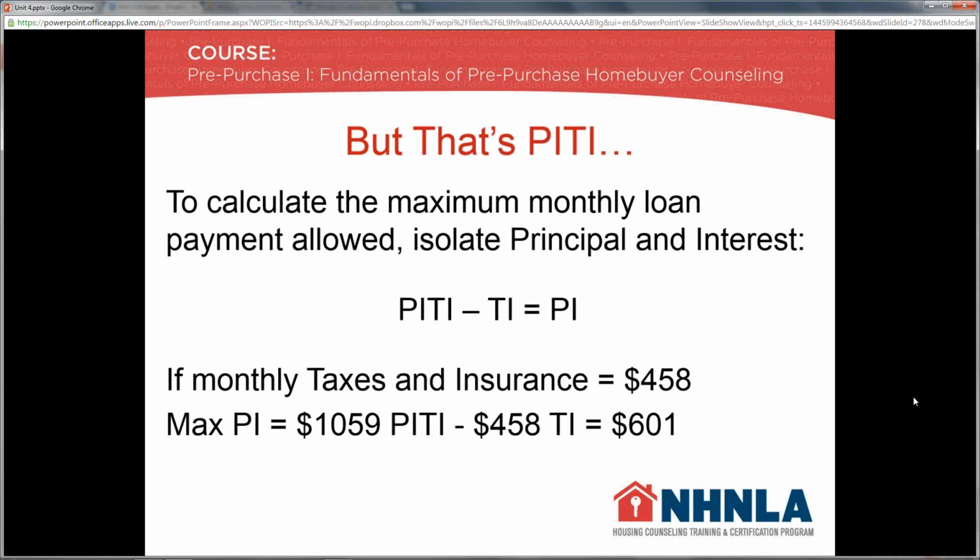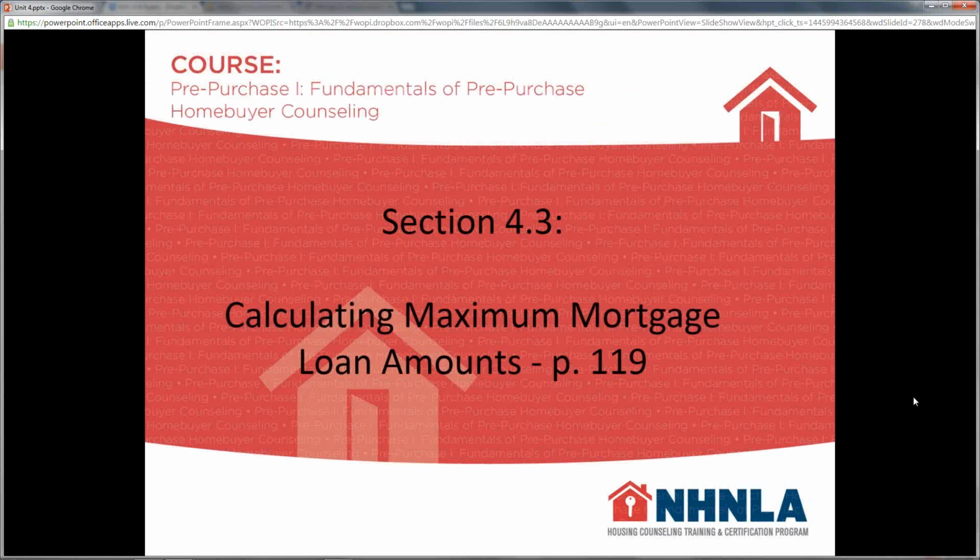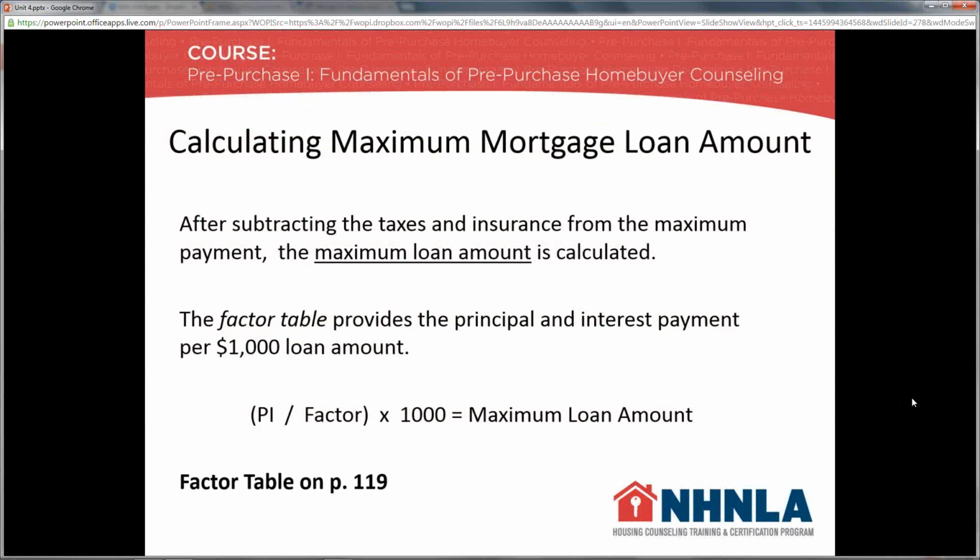That leaves us with $601 for principal and interest. The next step would be to use this maximum principal and interest amount to calculate the maximum mortgage loan amount. So in section 4.3, we'll go on to do that step.